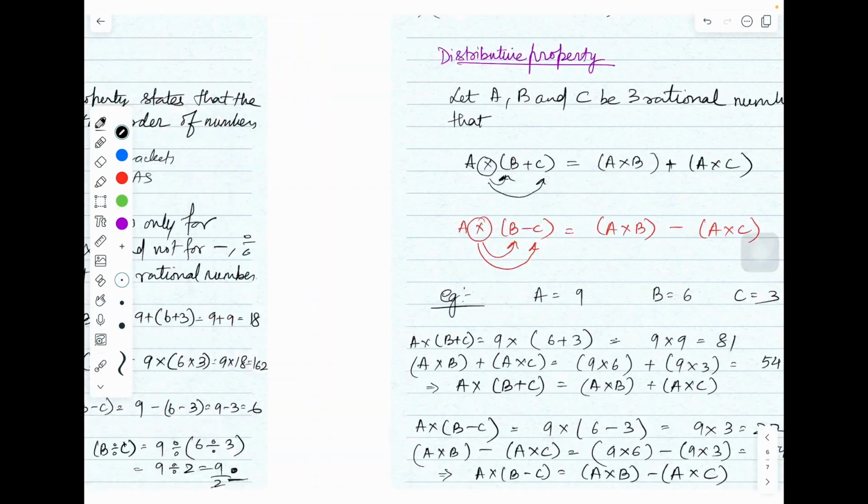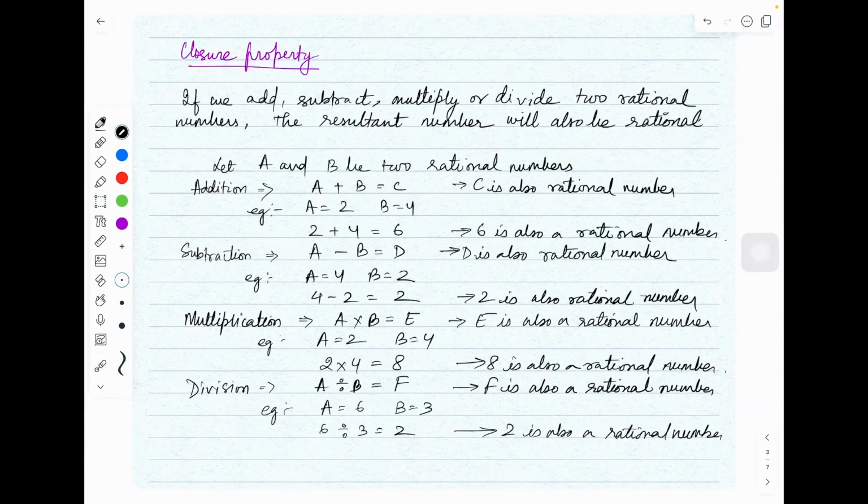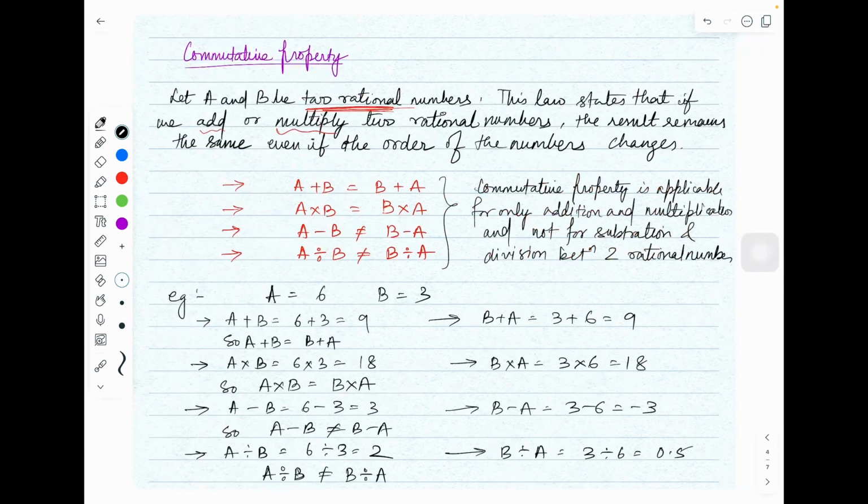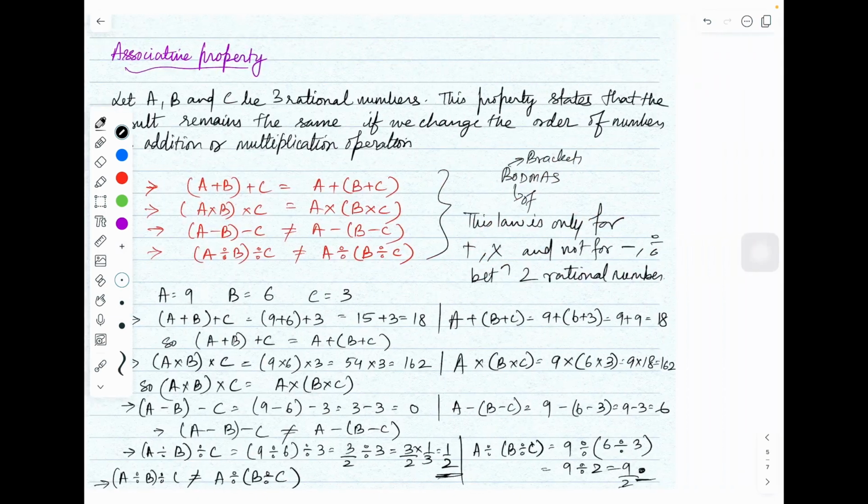So see, what properties have we learned? Till now we have learned the closure property, commutative property, associative property, and distributive property. Two more properties are remaining. One is the identity property. Identity property, what does it say?